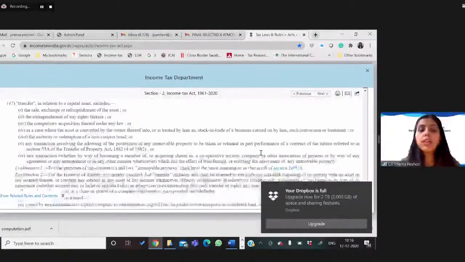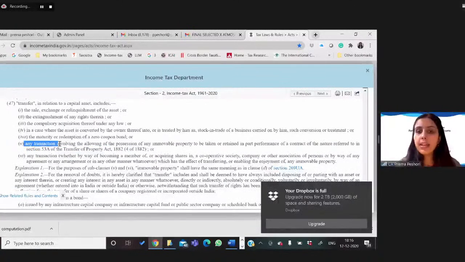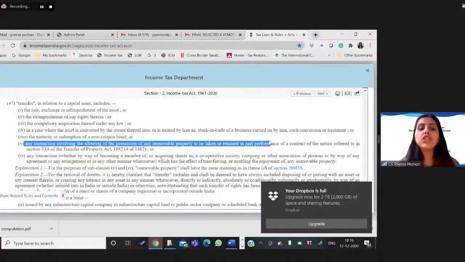See, let's read this point. 247 says transfer in relation to capital asset includes any transaction involving the allowing of the possession of any immovable property to be taken or retained in part performance of a contract of the nature referred to in Section 53A of Transfer of Property Act.